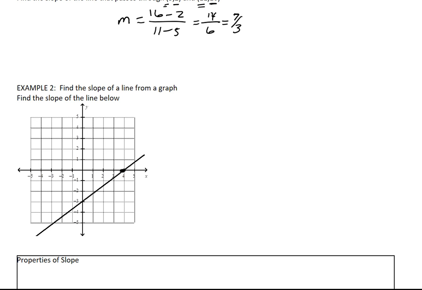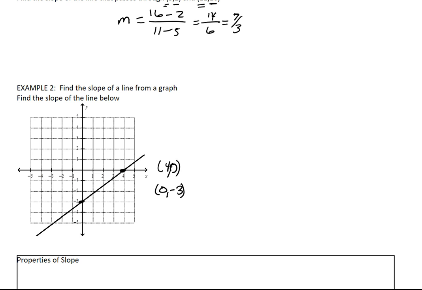That point is 4, 0. So we don't have to estimate coordinates. Now we find another one. This point here also happens to be good, and that is the point 0, negative 3.